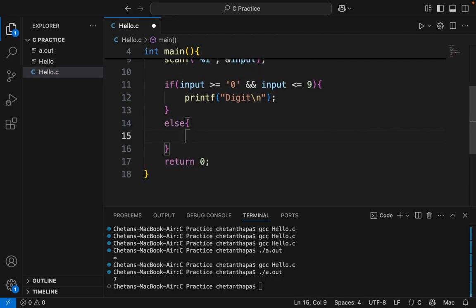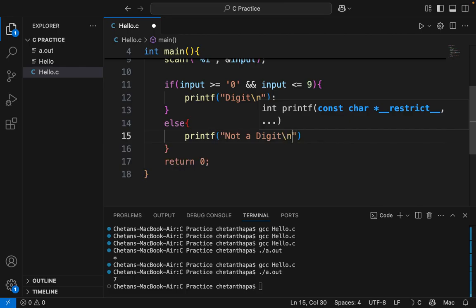Else printf not a digit. Okay, so let's run the code.